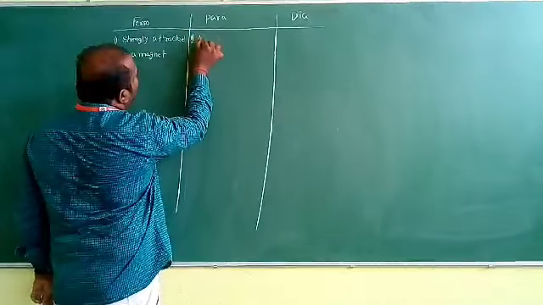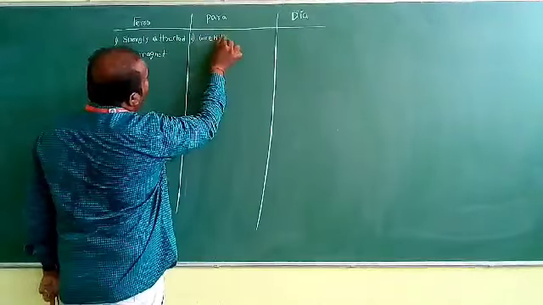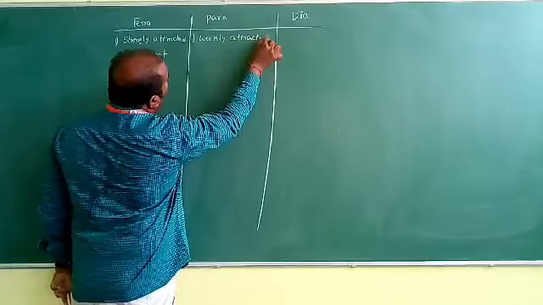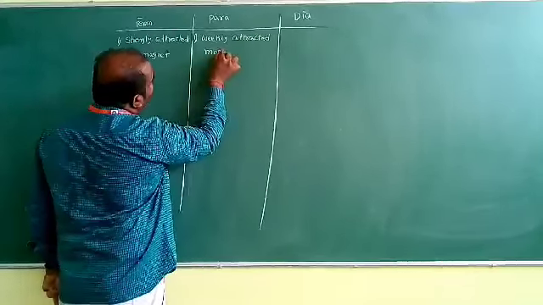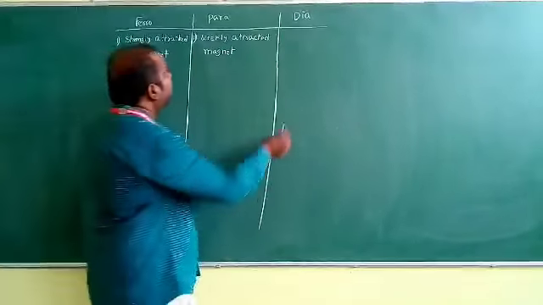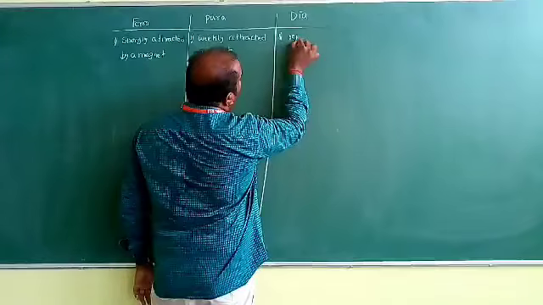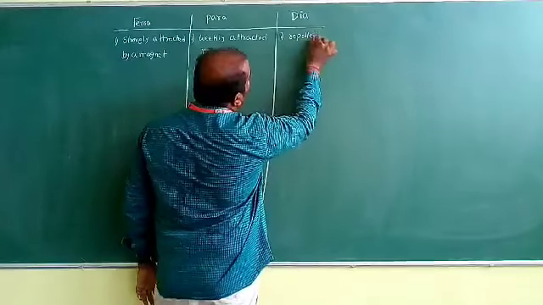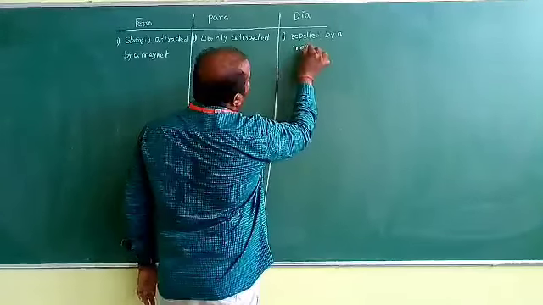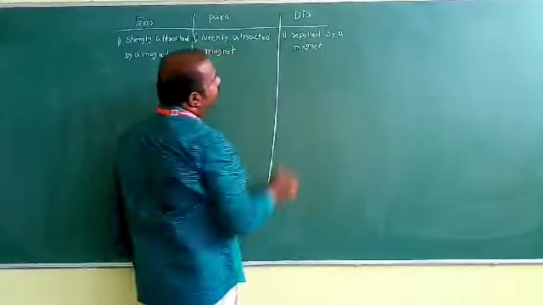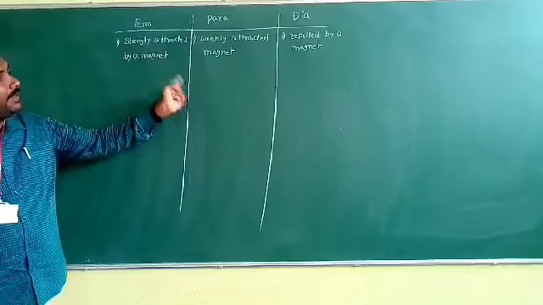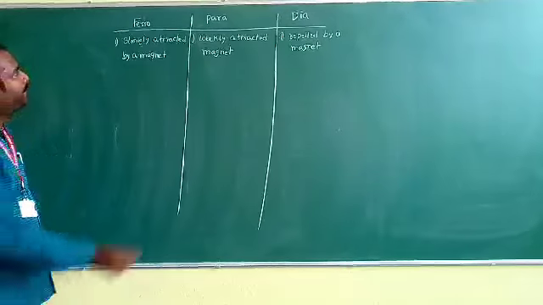The substance which is weakly attracted by a magnet, that we call a paramagnetic substance. The substance which is repelled by a magnet, that we call a diamagnetic substance. Strongly attracted, weakly attracted, repelled by magnet.